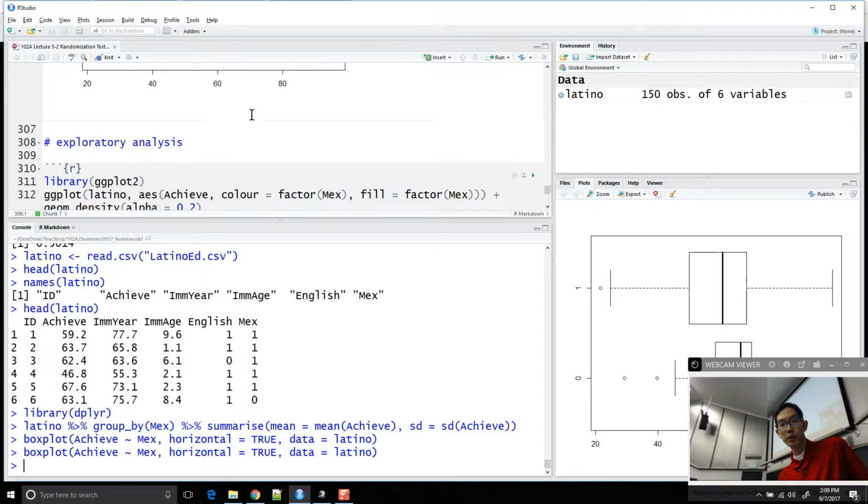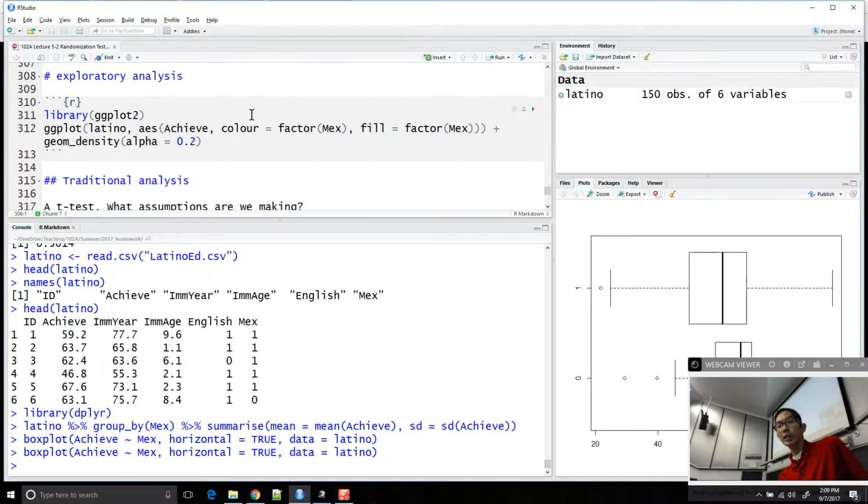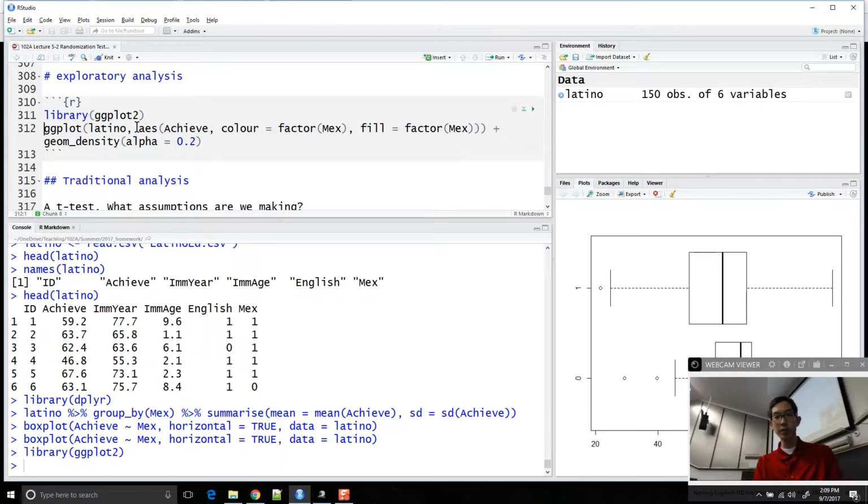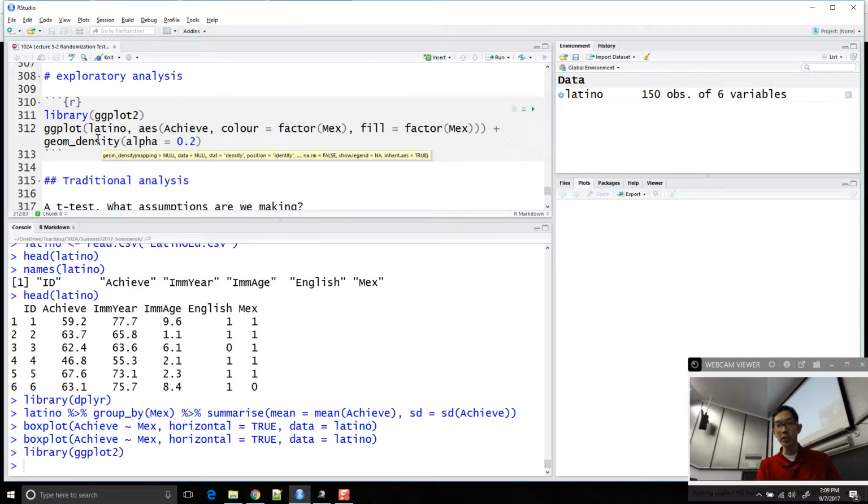We can also look at density plots. So what am I doing here? I'm going to create a density plot, and what I'm mapping is the achievement.